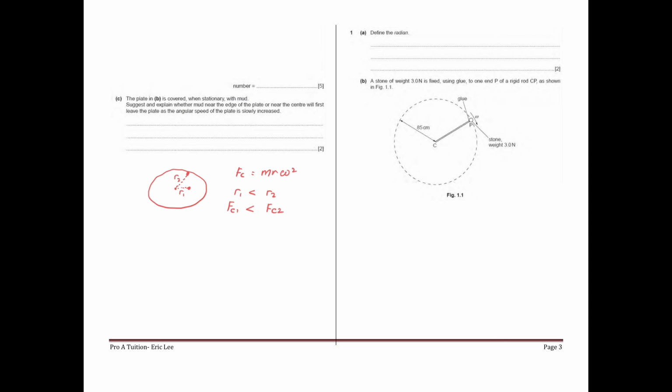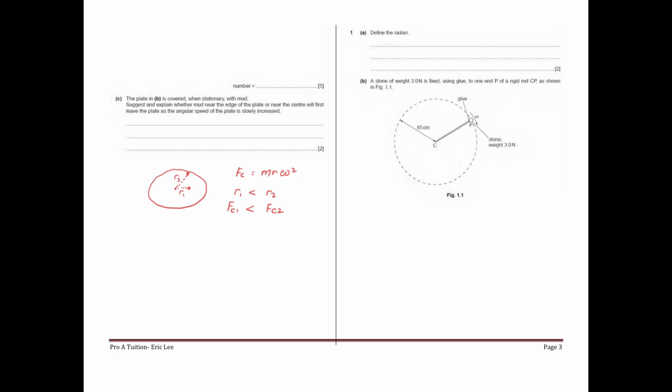But the second mud requires greater centripetal force in order to stay in a circular track.